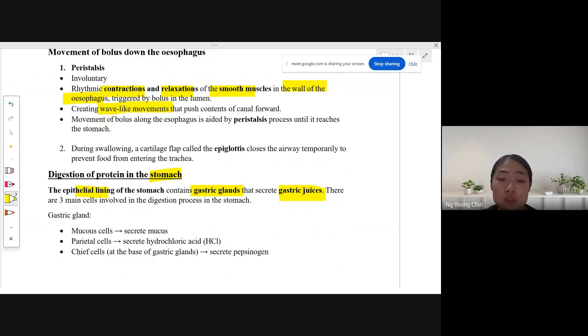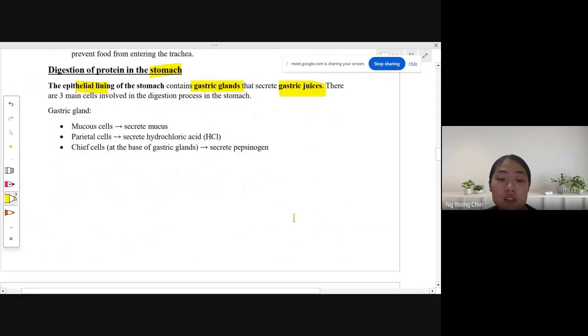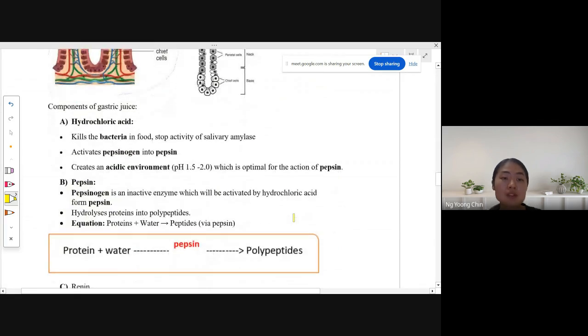Because the gastric juice comprises two components. One is hydrochloric acid, and another is pepsin. Hydrochloric acid, we call it 胃酸. It's a highly acidic substance, with a pH of about 1.5 to 2.